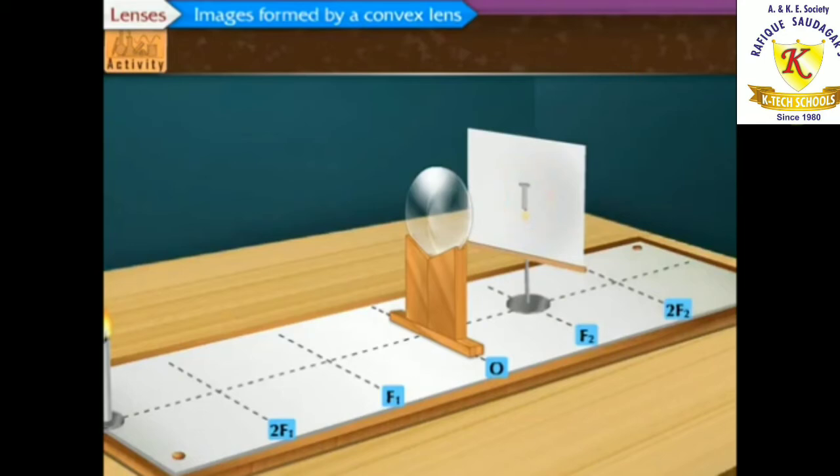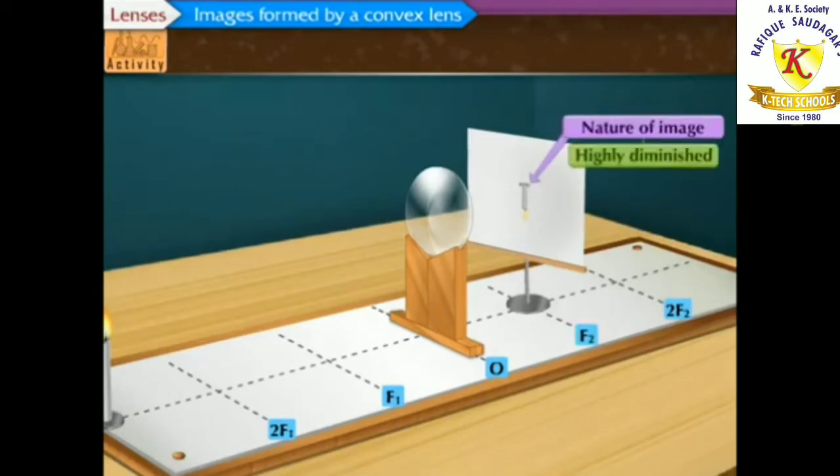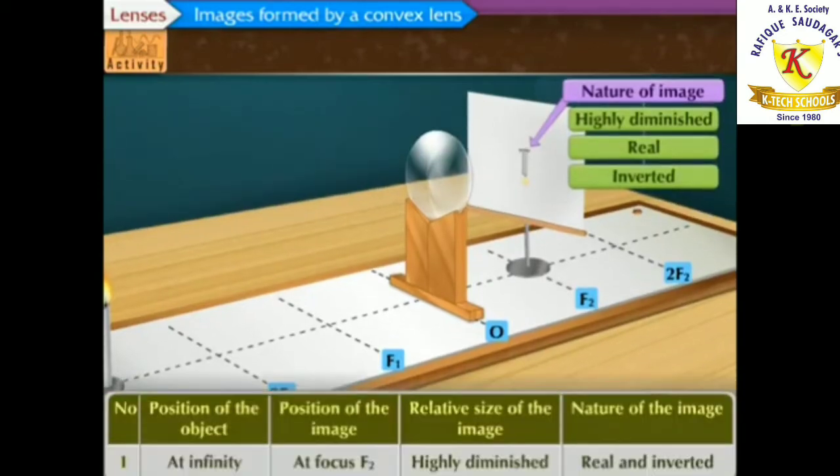Note the position, size and nature of the image. So here the nature of the image is highly diminished, real and inverted, noted in the table.